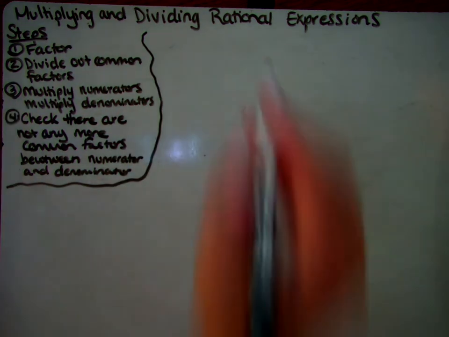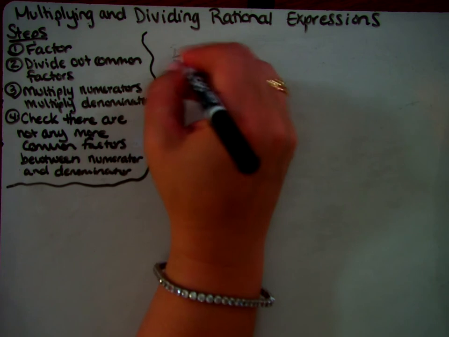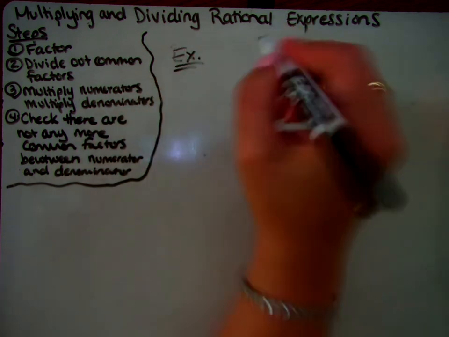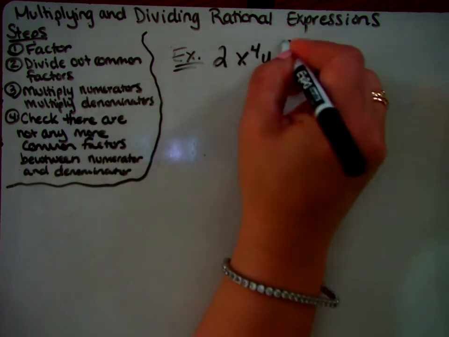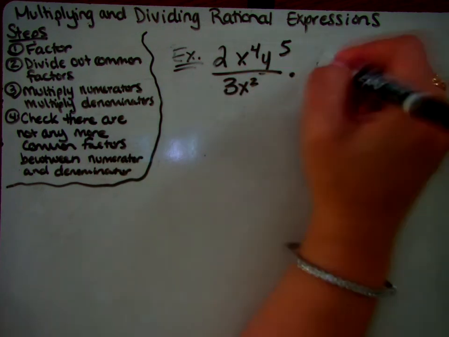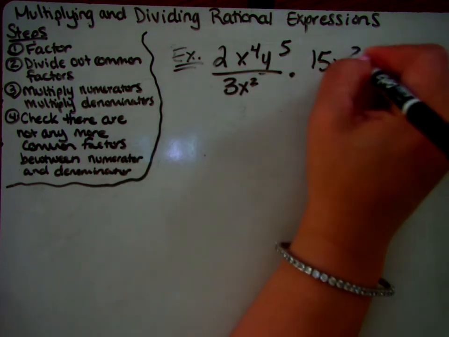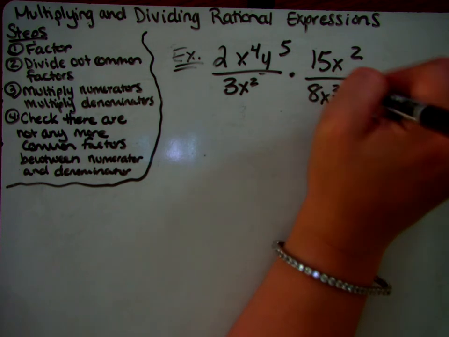Now I want to go over multiplying. With multiplying, our example we're going to work with is 2x to the 4th, y to the 5th, over 3x squared times 15x squared over 8x cubed y squared.